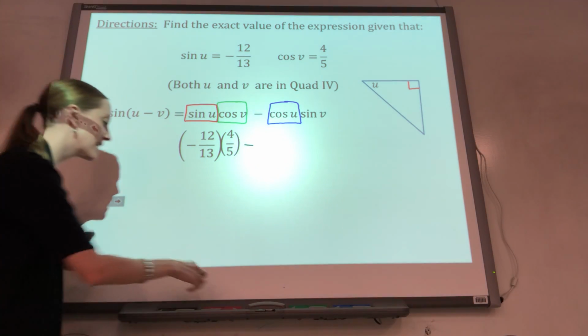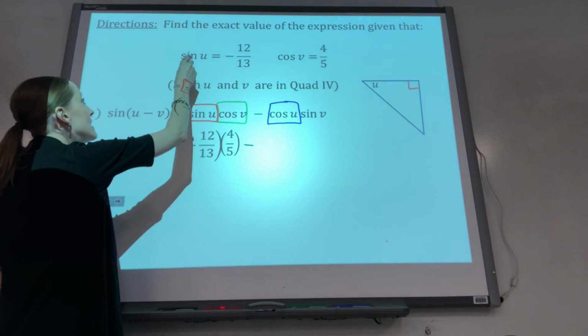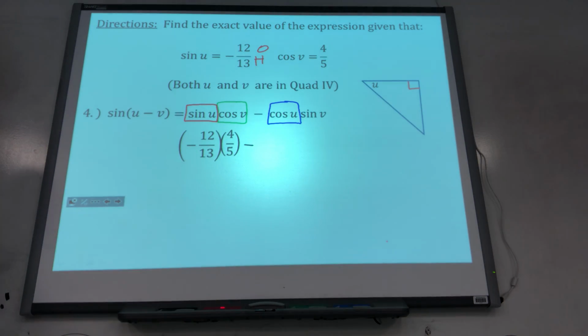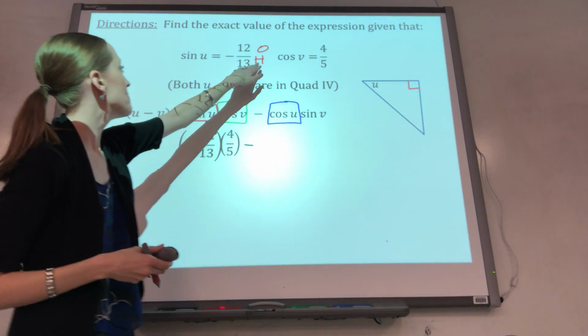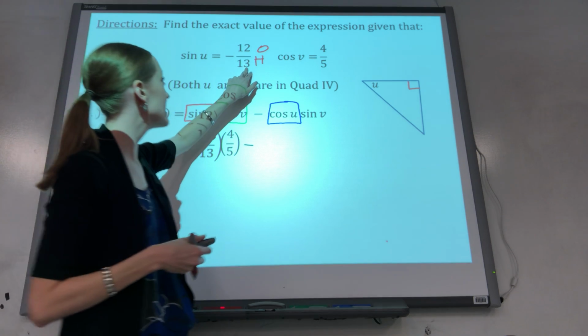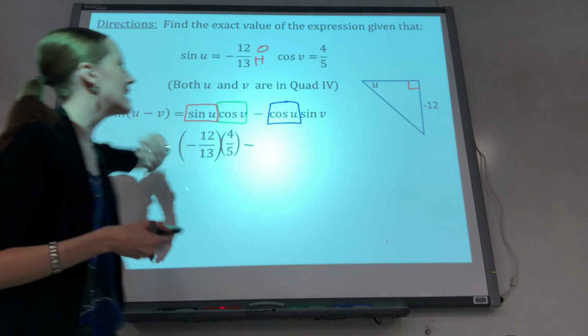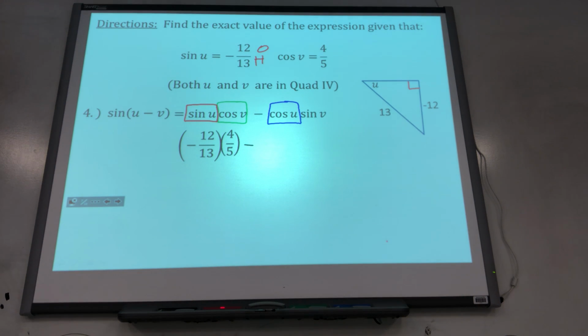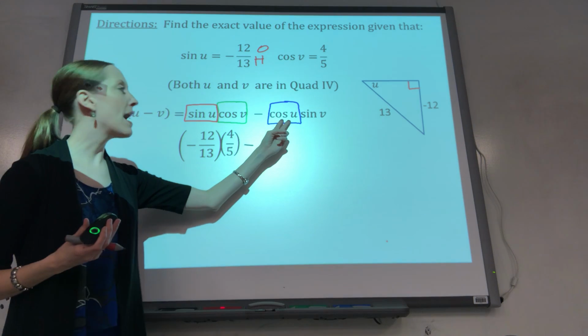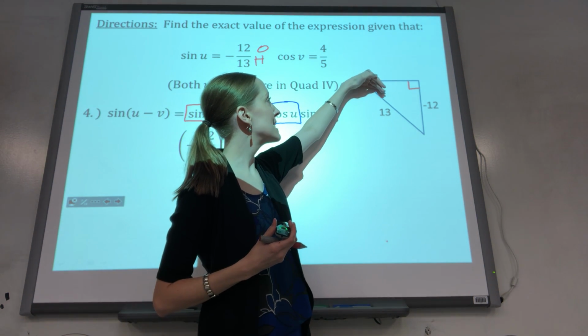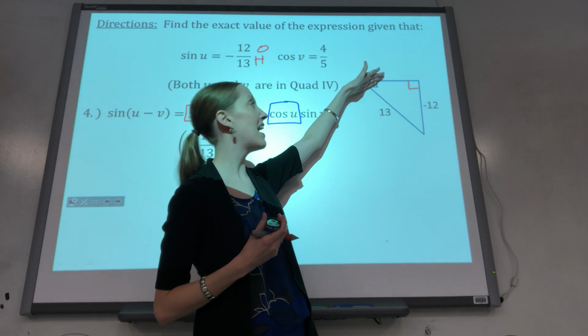If we go back to good old SOHCAHTOA, sine is opposite over hypotenuse. Hypotenuse has to be positive, so that tells me the 12 is negative and the 13 is positive. Now, if I'm about ready to find cosine of u, I am going to need the adjacent side.